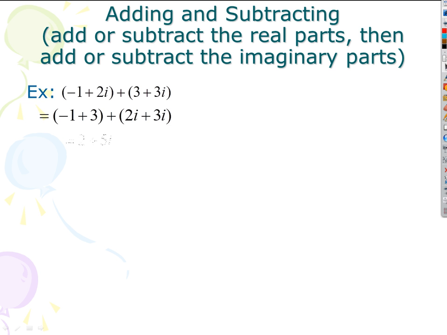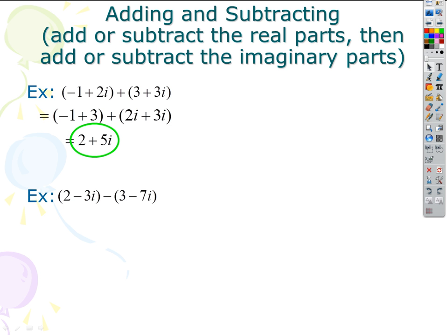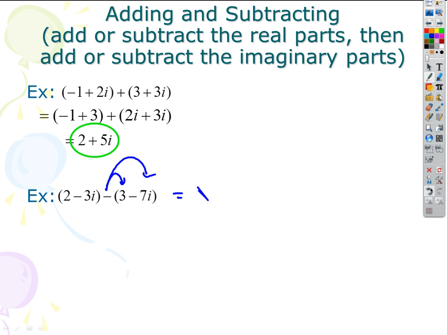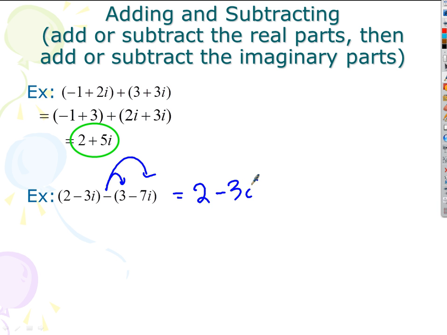That's it. Okay? What if I'm subtracting? If I'm subtracting, just as easy. All I got to do is distribute the negative sign. So I've got 2 minus 3i. And if I distribute the negative sign, I'm going to get a -3 plus 7i, right?